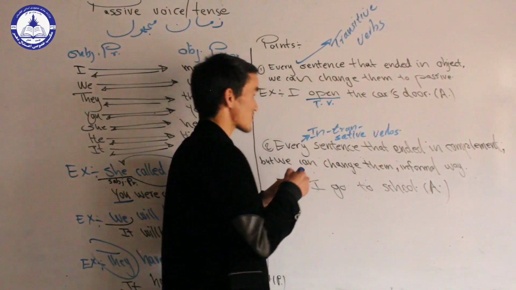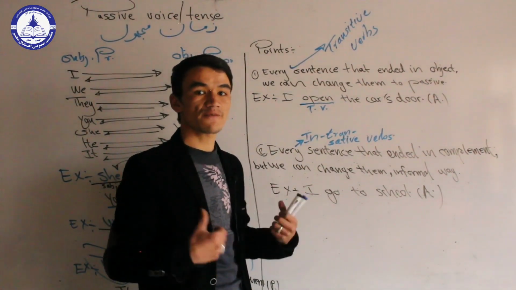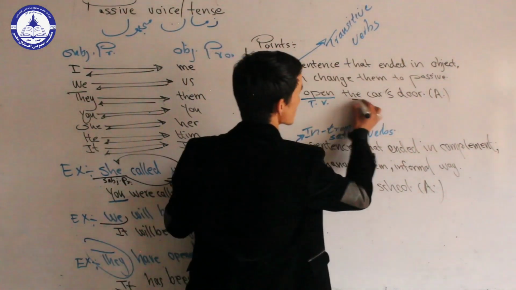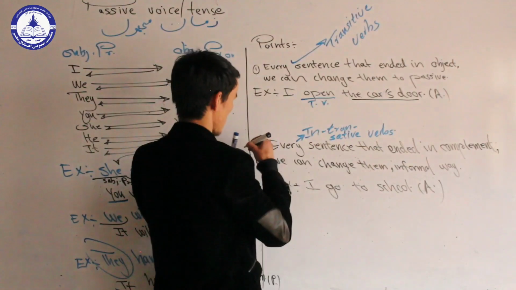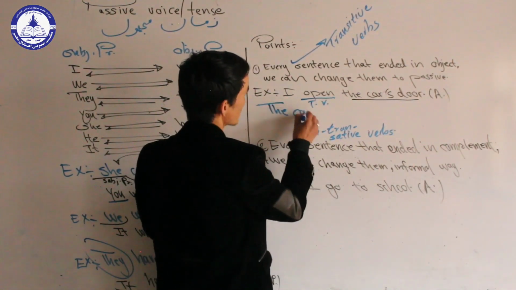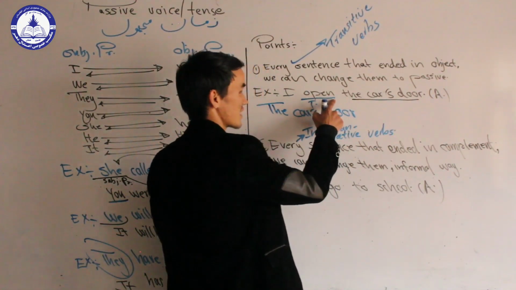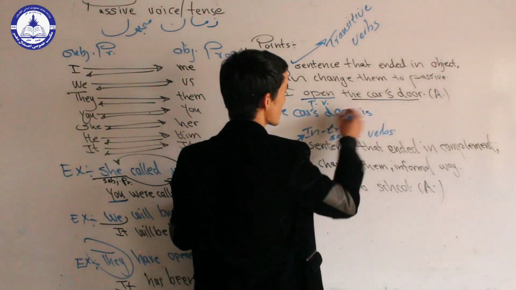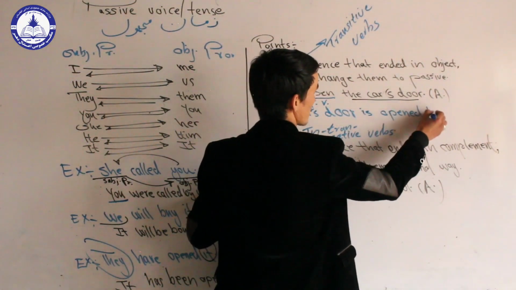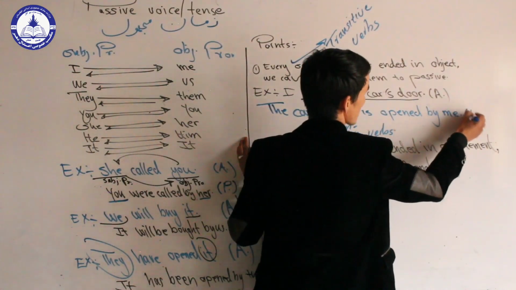We can understand that this sentence can be changed very formally. How? Apply the rules. The car's door, at the first of the sentence. See? The car's door is opened by me. It is simple present tense. We can use "is", the third form of open, "opened", again "by", and the doer. It is passive.